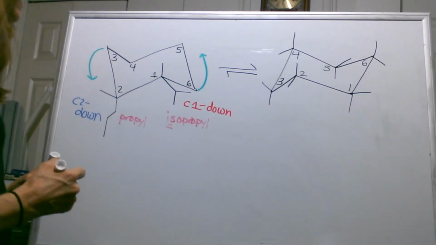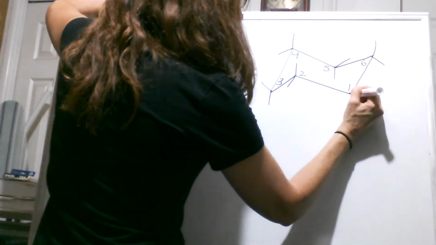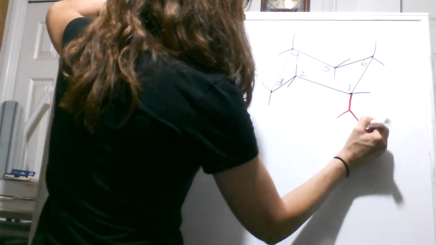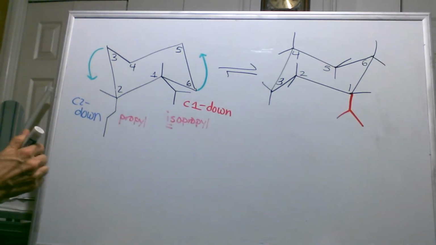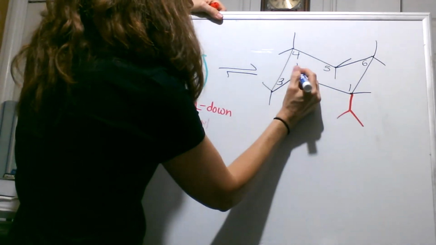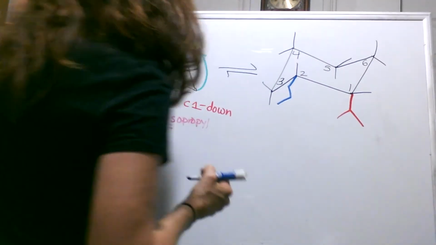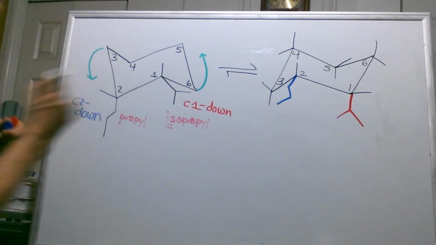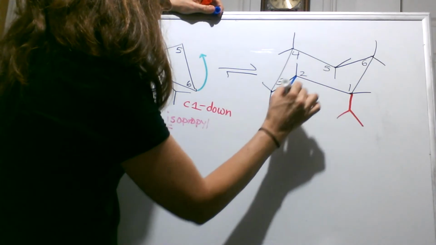So on C1, pointing down, we have the isopropyl. And on C2, pointing down, we have the propyl. Notice that, this is a little bit tricky to see.